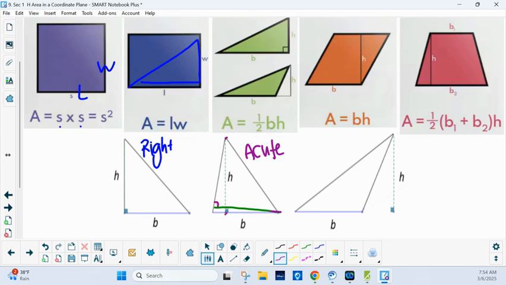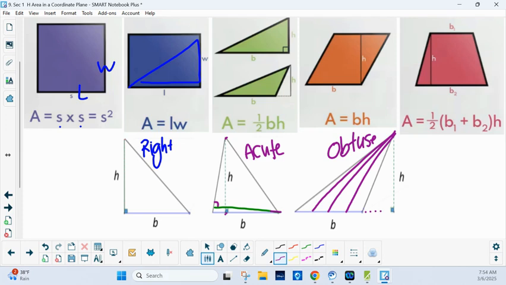Now this one, it's obtuse. What does it mean to be obtuse? Did you remember that? Yeah, there's an angle in there greater than 90. And if it's obtuse, whatever side you pick to be the base, the height might actually have to go outside of it, because if I pick the bottom side and I have to use the vertex across from it, there's nowhere I can draw a line down that would be a right angle.